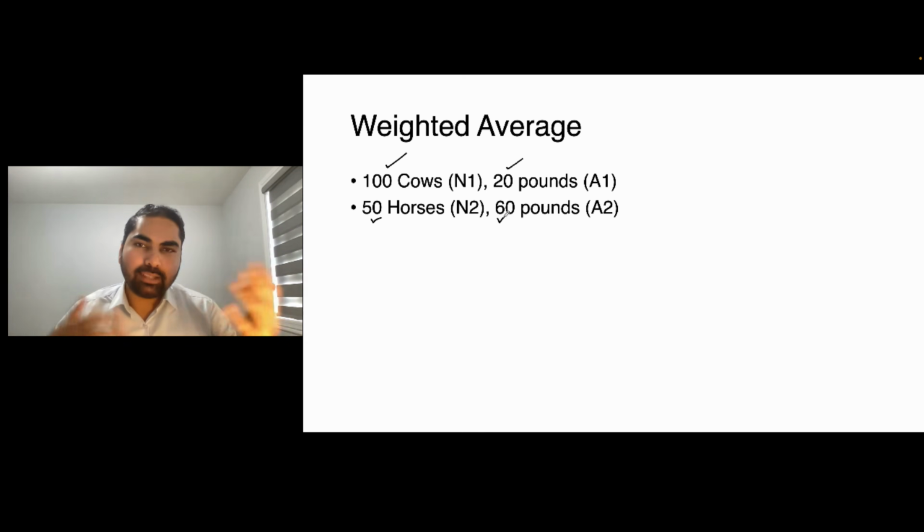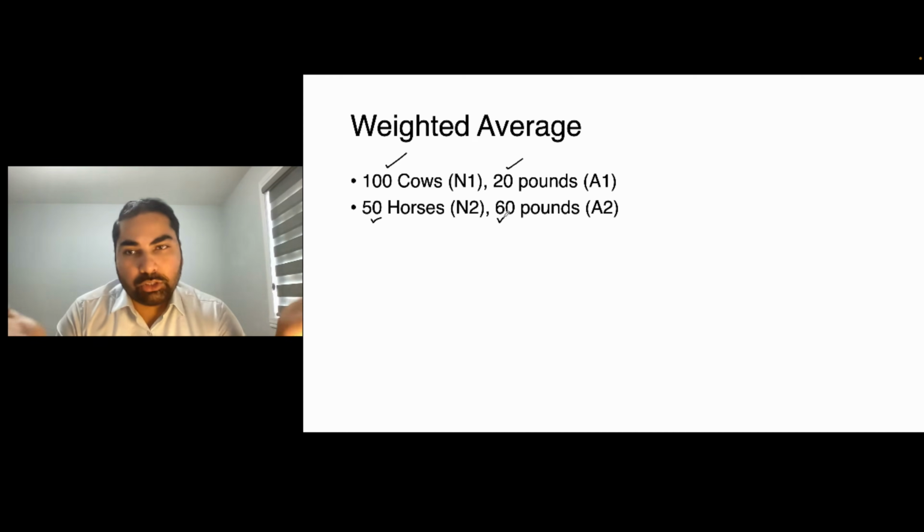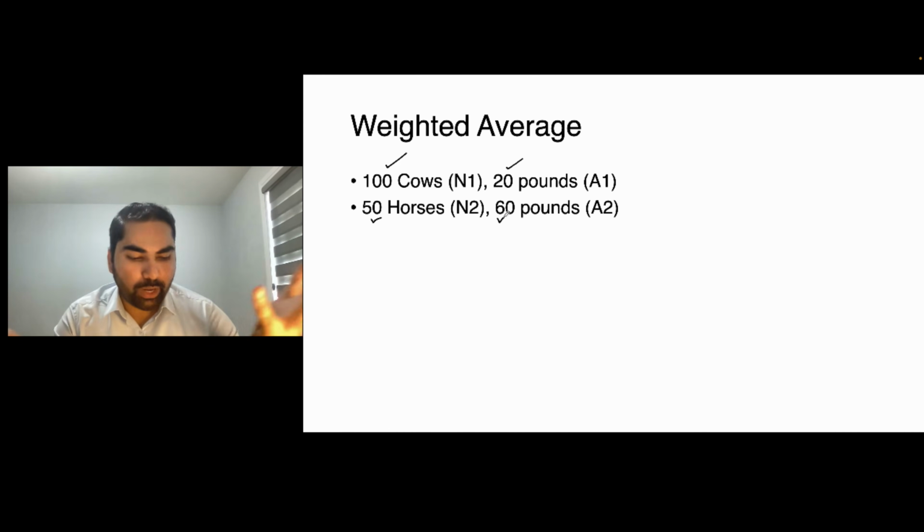That's typically the structure of a weighted average question. So you've got 100 cows, each weighing 20 pounds on average, and 50 horses, each weighing 60 pounds on average, and you want to take the average of all of them together. That's what weighted average is.